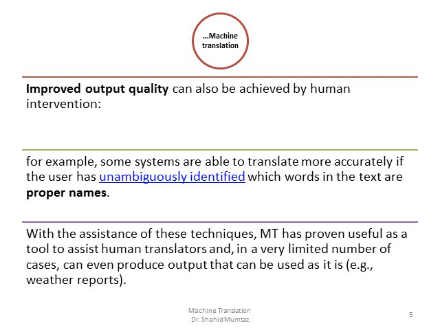With the assistance of these two techniques, limiting the translation process by domain or profession and human intervention, these techniques can help produce translation that can be used as it is. For example, translation of weather reports.